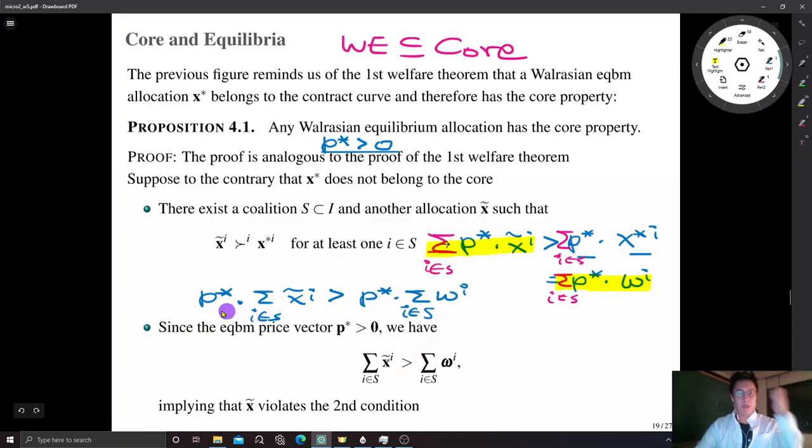And because P star is strictly larger than the null vector, we conclude that the summation of X tilde inside the coalition is larger than the summation of endowments. So this X tilde is infeasible.